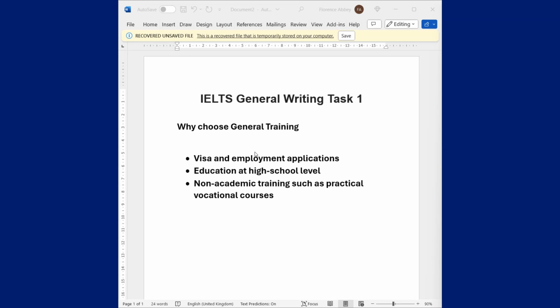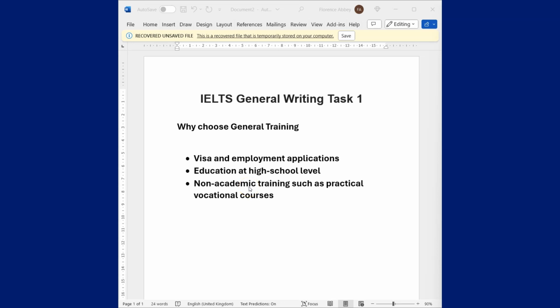When it comes to the educational level, it is for anyone who wants to learn in an English speaking country and is trying to achieve a certificate which is not up to a degree level. So if you are going to learn in an institution which is not at a degree level or above degree level, then your choice is the IELTS general training test.